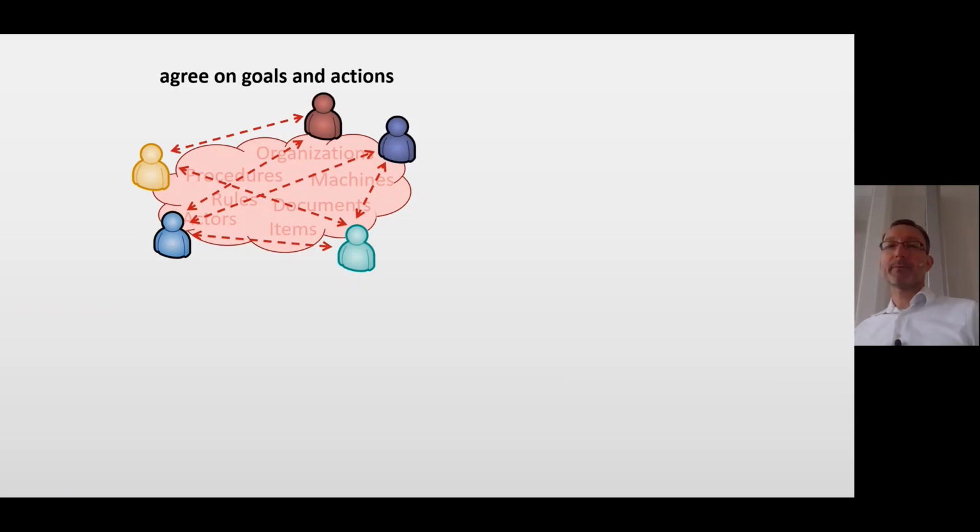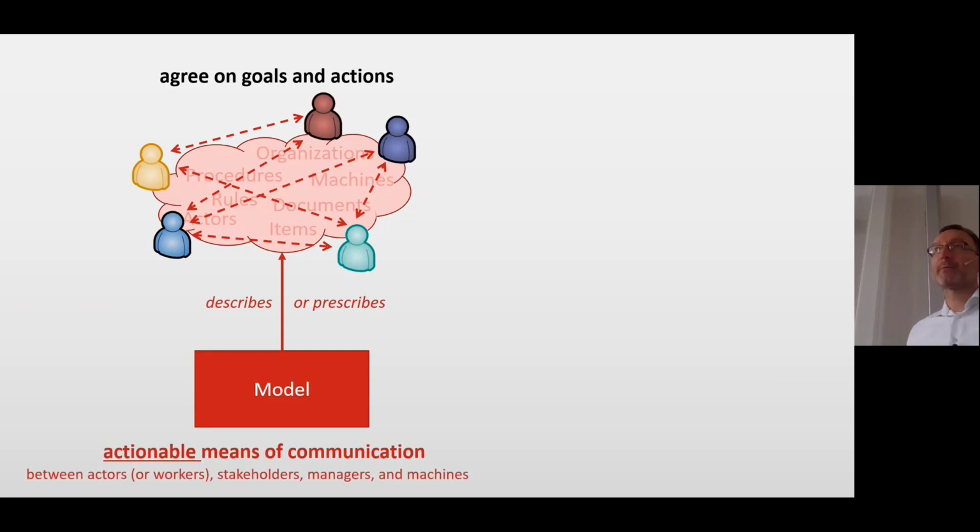And you have to agree on this in the real world. That's why we have these models. We're creating these models to describe or even prescribe how to work as an actionable means of communication, right? So these models, that's what process management is really good at. They're not just a statistical model that nobody understands. It's a picture you can show to different people, and they understand what's supposed to be happening.